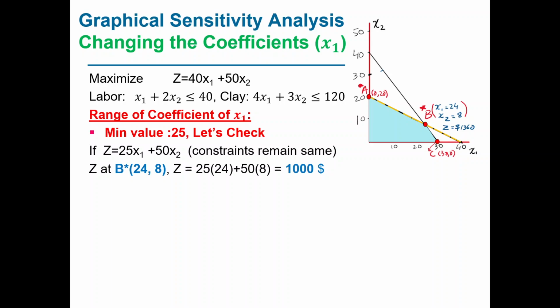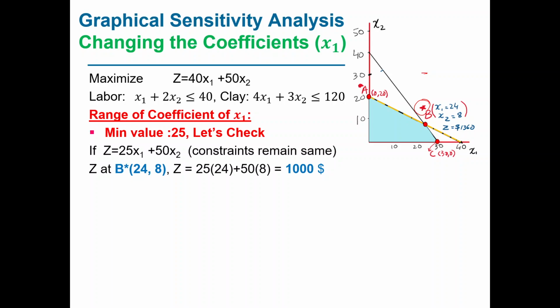Before finding the profit, have a look at this figure. You can see that I have overlapped the objective function with the labor constraint. Initially point B was optimal, and based on our discussion on multiple optimal solutions, we can say that point A should also be optimal.